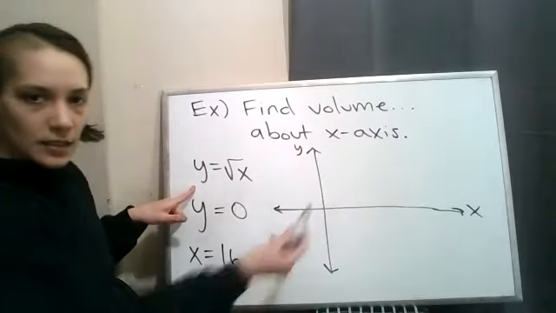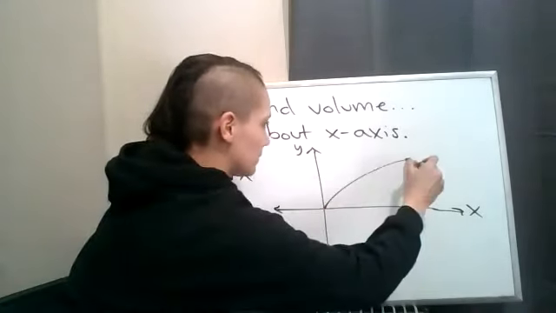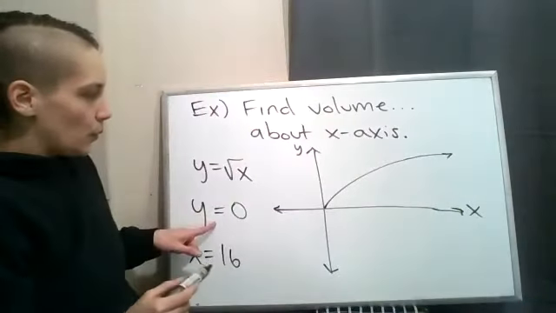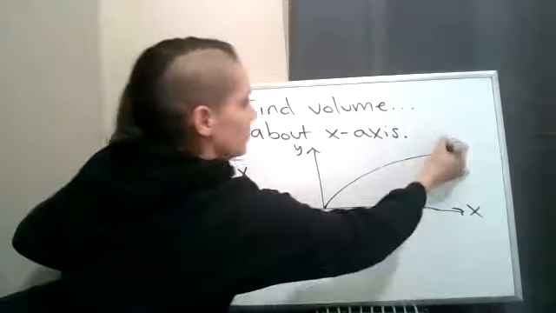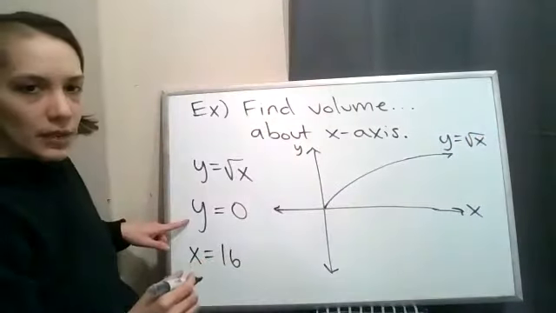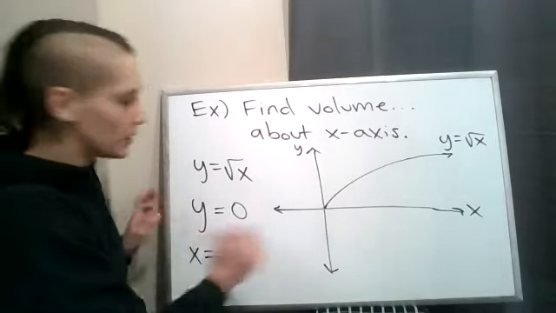The root of x starts at the origin and goes up and over. y equals 0. That's where x can go left or right, any number, but y must be 0.